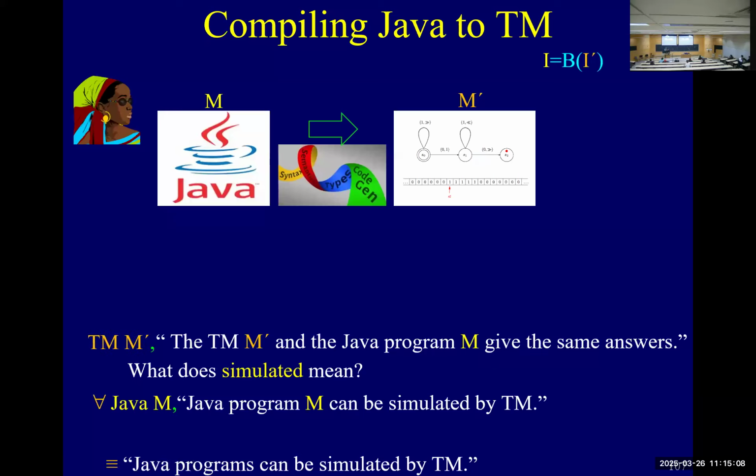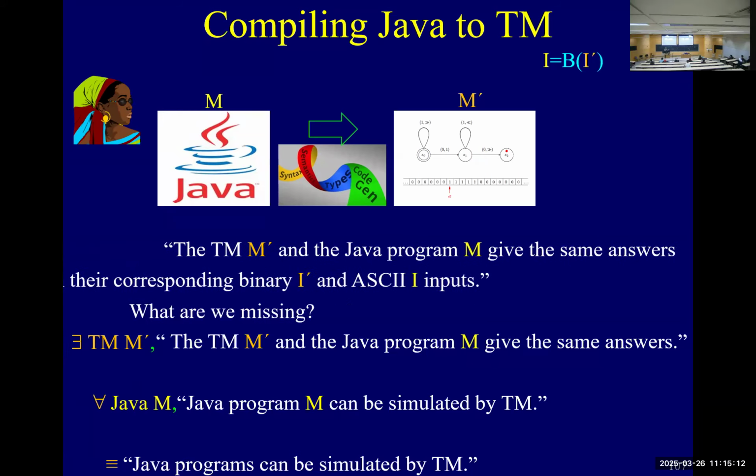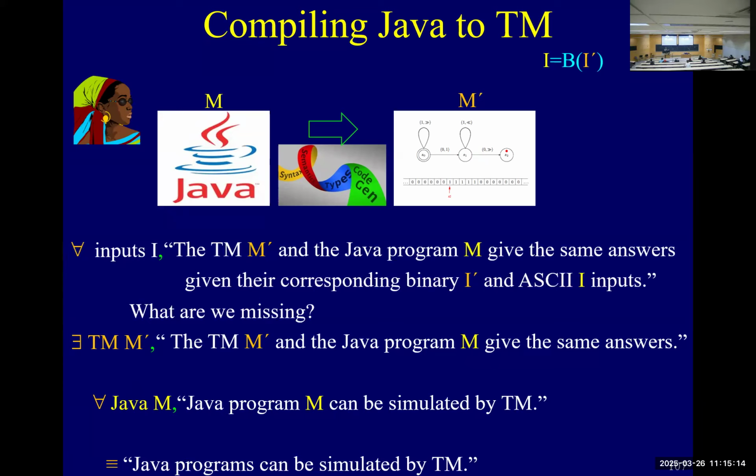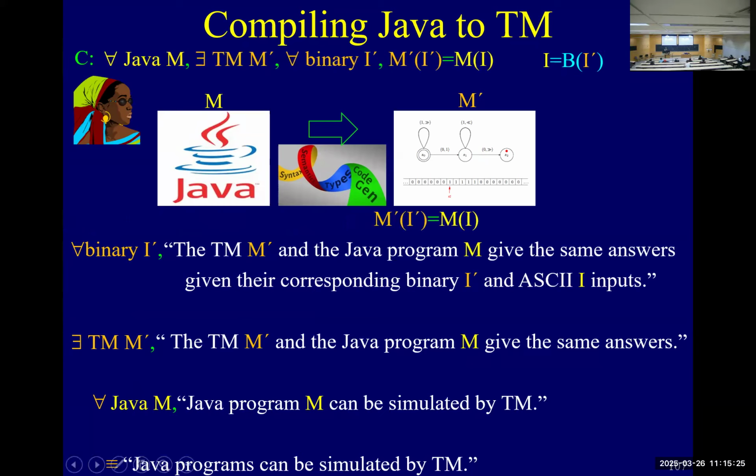So which Turing machine? Some Turing machine, right? What are we missing? We've got to say inputs, all inputs, right? So we've got it written down here. How do we denote this? Here. So you should be able to get this. Am I losing people?